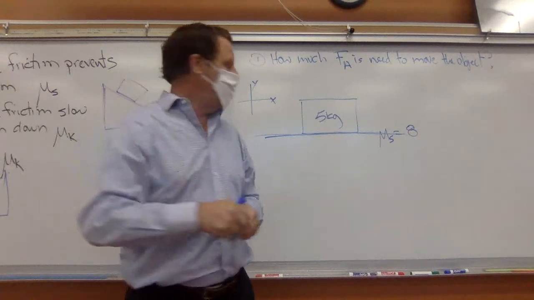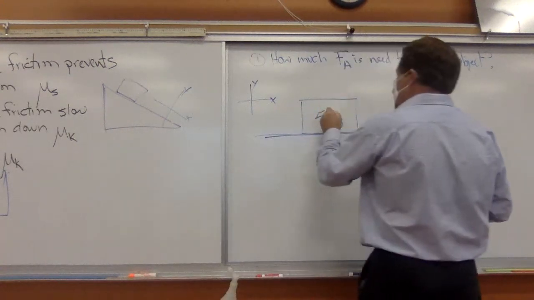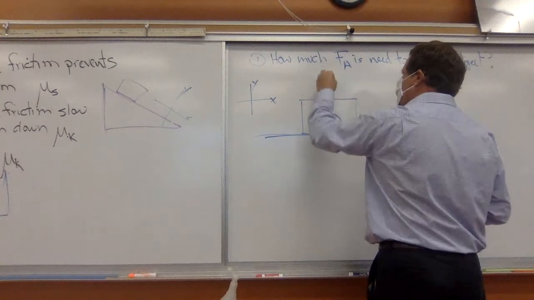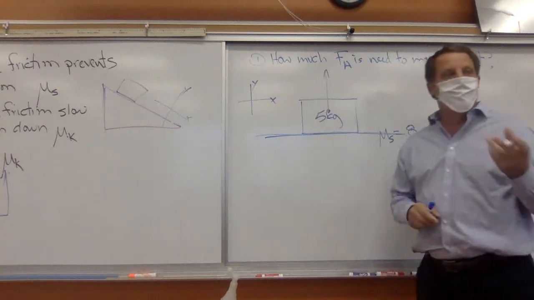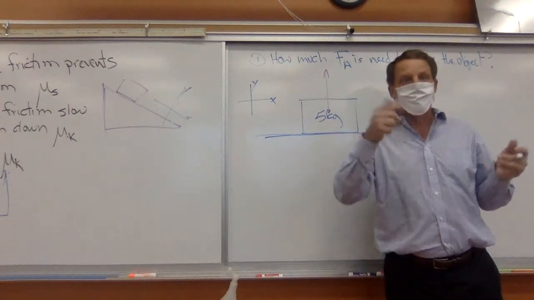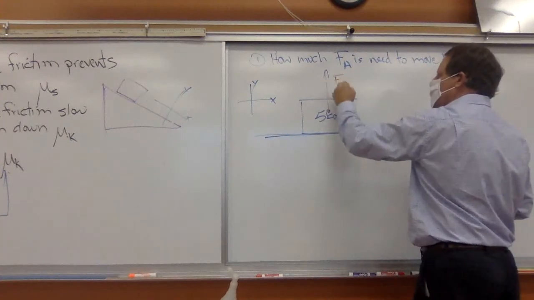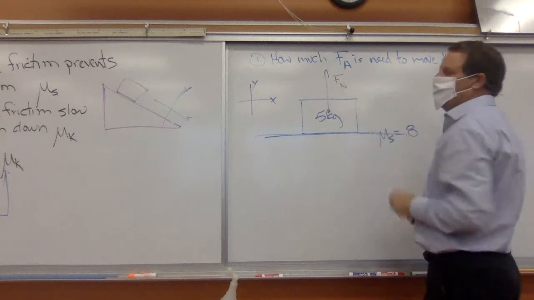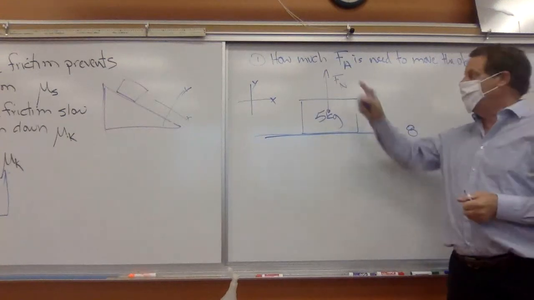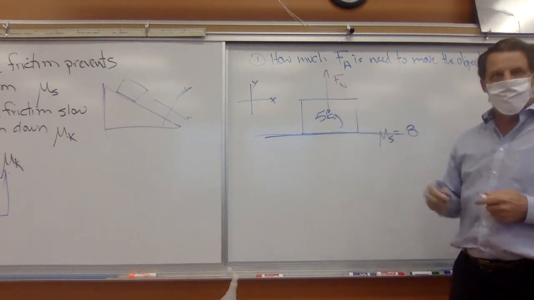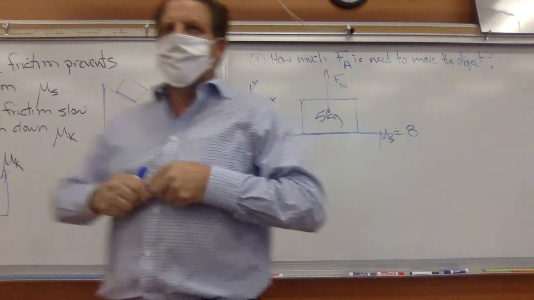The ground. And the ground is going to be pushing up, okay? And what is the force called of the surface pushing on an object? That's the normal force. And I'm going to say this normal force is F sub n.